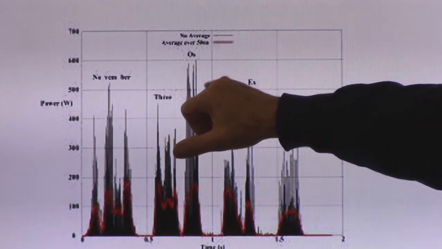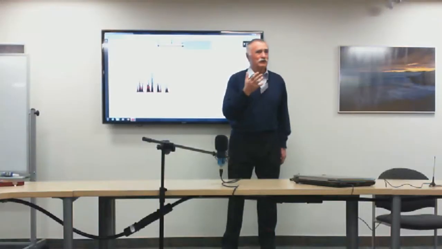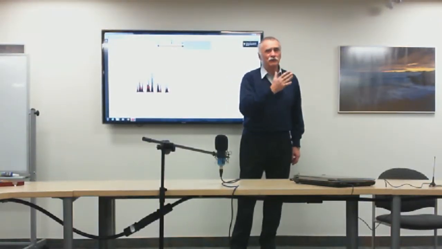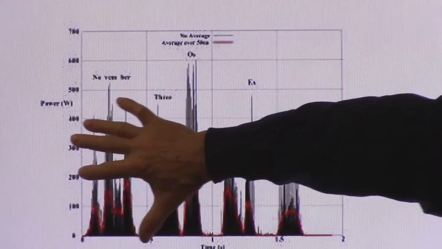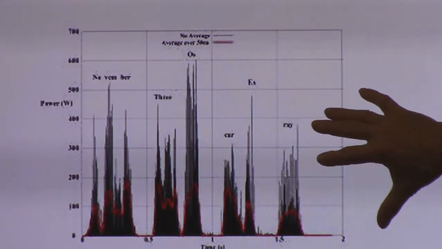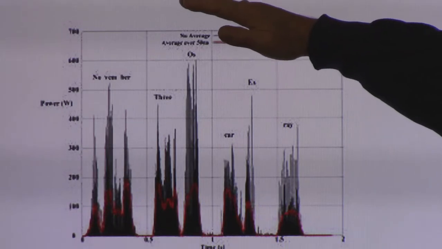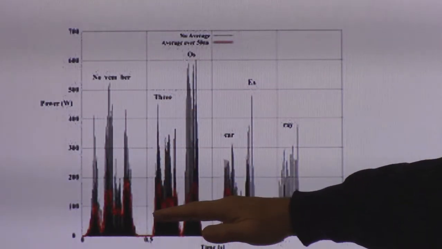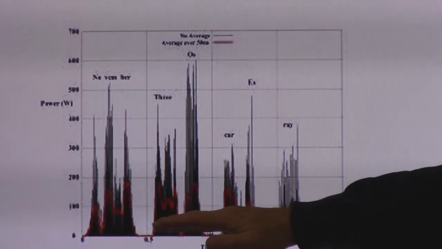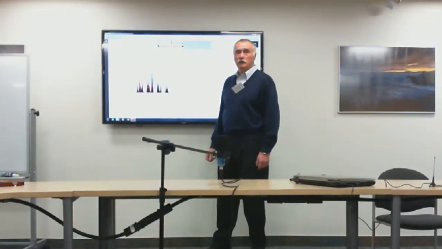But because human speech has pauses between words and between syllables, if you take the average of this single sideband transmission, the average would come down to whatever they indicate, 220 watts or so.